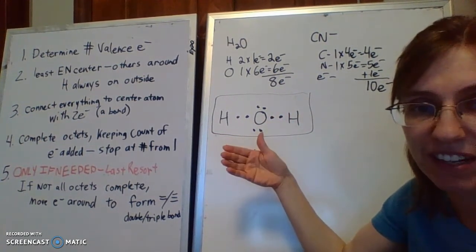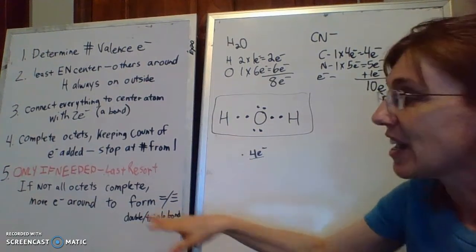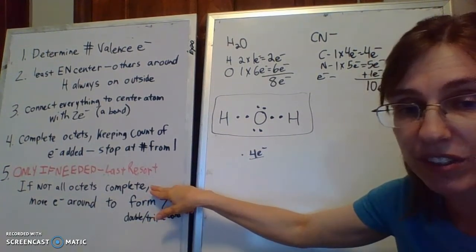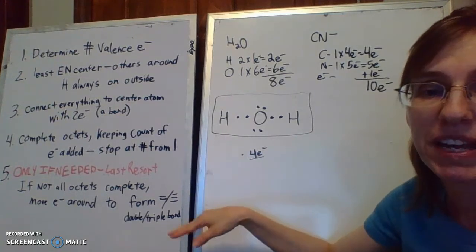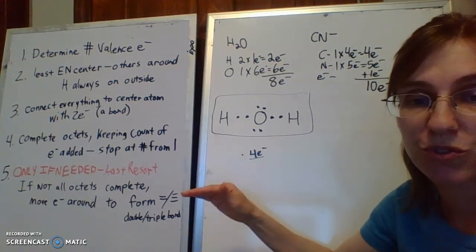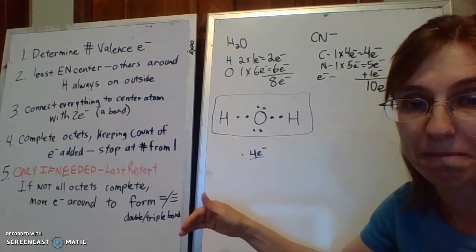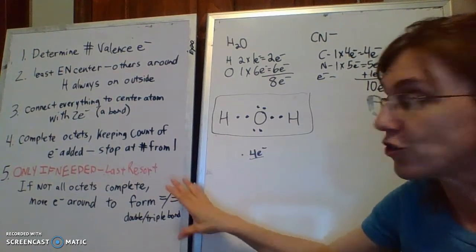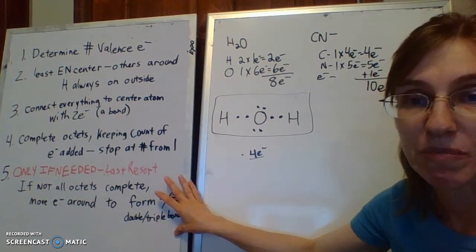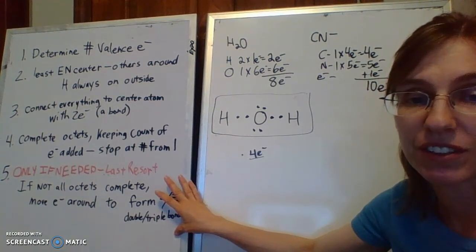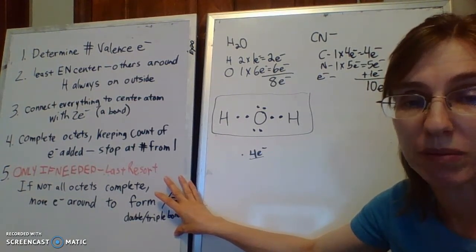It doesn't fulfill that octet rule. Only then can you move your electrons around and form double and triple bonds to try to make all your molecules fulfill that octet rule and be happy. Don't try to put double and triple bonds in from the beginning. It makes it more complicated, and usually then you can't solve the problem.